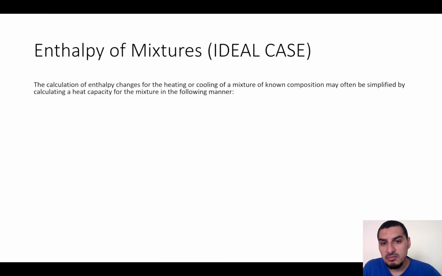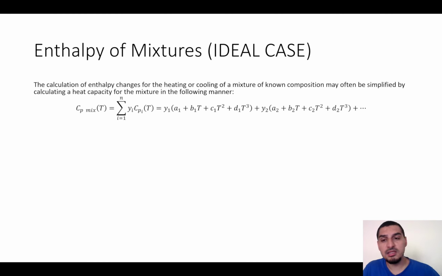But anyways, the case that we're dealing with is the ideal case, where we can calculate the Cp of the mixture using this equation. It's the summation of the mole fraction multiplied by the Cp of each one of the individual components.